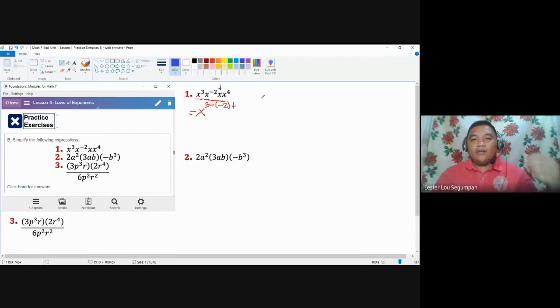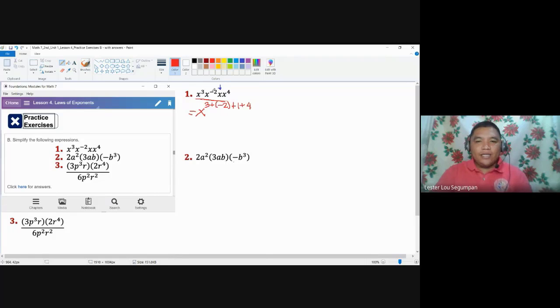Now, if there's no clear or visible exponent for any variable, that automatically means an exponent of 1. It's not 0 because we also have a law for zero exponent, to be discussed or emphasized probably later in the next video. So we have here 1 and finally plus 4.